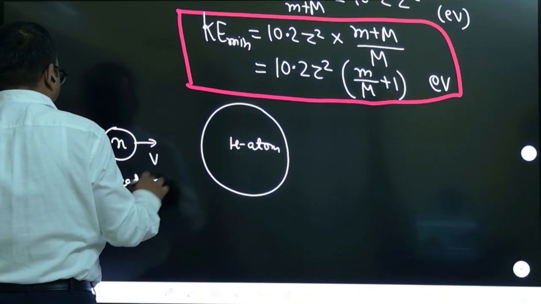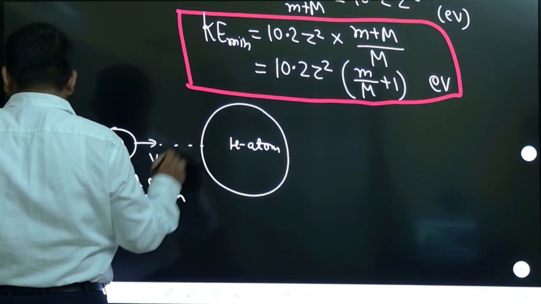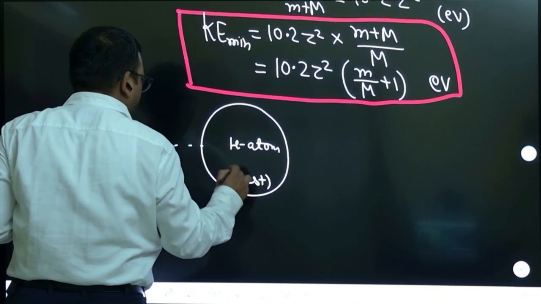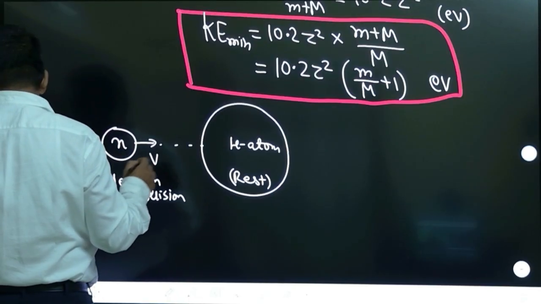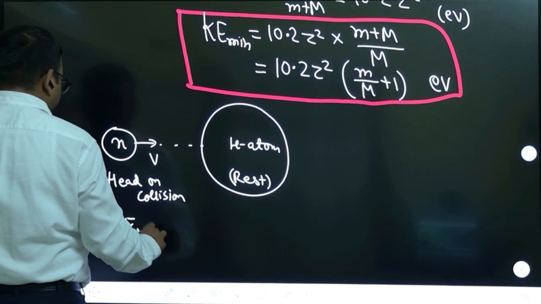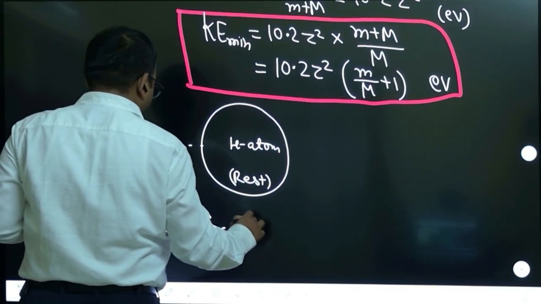The atom is at rest, not moving. They are asking for the minimum kinetic energy of the neutron for a perfectly inelastic collision.